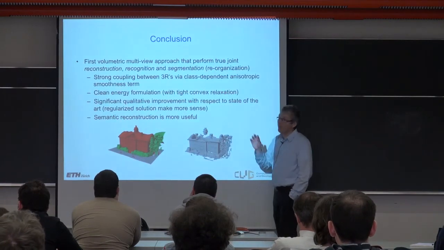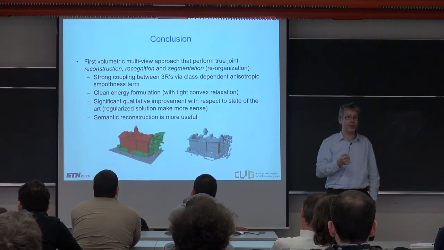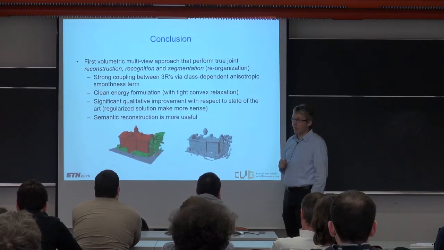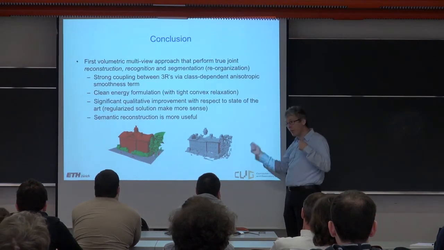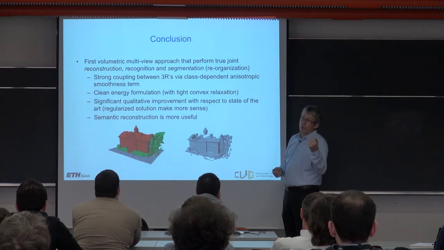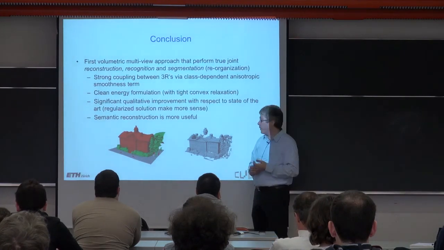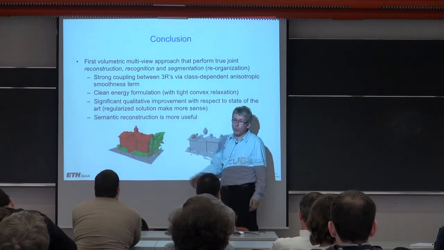So we really solved in one clean optimization with a convex relaxation all three major problems of computer vision in one nice formulation, taking the raw evidence from measurements, depth, and from classifiers that tell us what they think they see. We can combine those and then solve one problem and come up with qualitatively much more meaningful results.